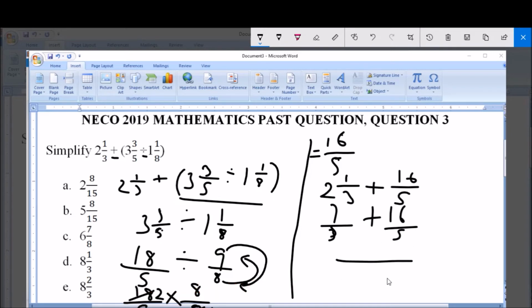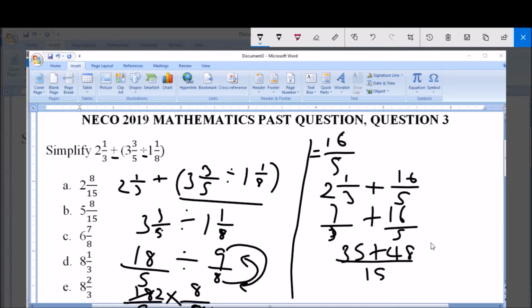The LCM of 3 and 5 is 15. 3 goes into 15 5 times, and 5 times 7 will give us 35, plus 5 goes into 15 3 times, and 3 times 16 will give us 48.